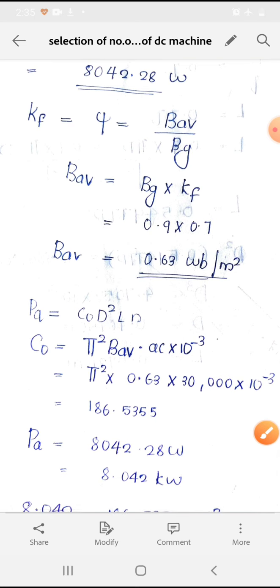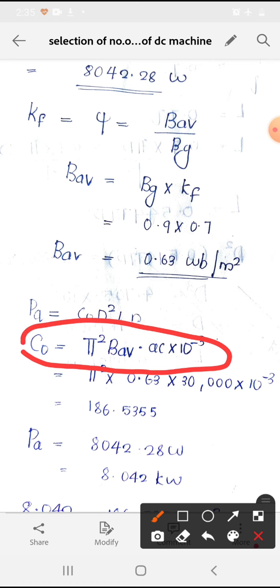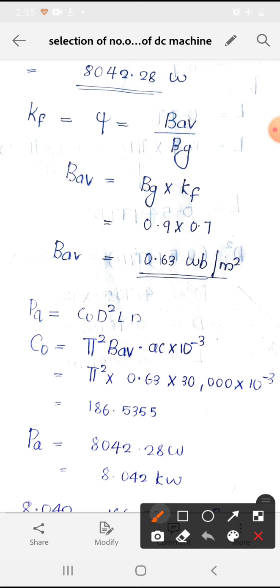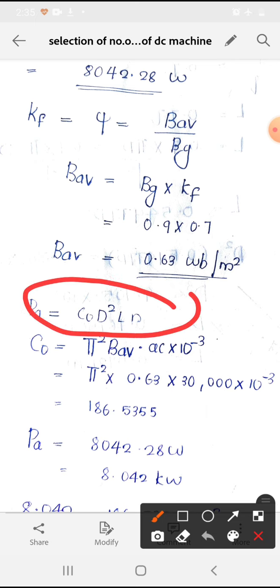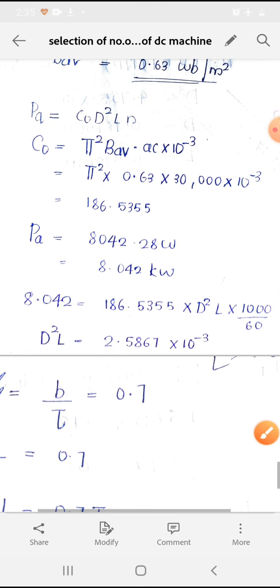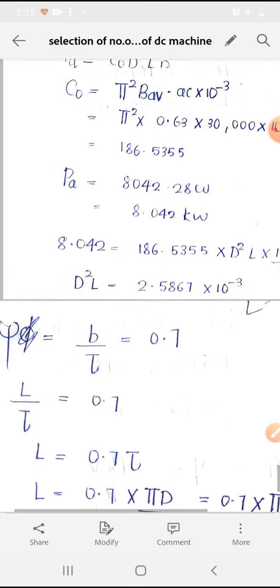Now, we can substitute the value of BAV and AC in this equation of output coefficient. We will get the value of C0. Then we have to substitute the value of C0 in the DC output equation, PA is C0 D square L into N. Now we will get the equation in D square L. In the question it is also given as square pole face.